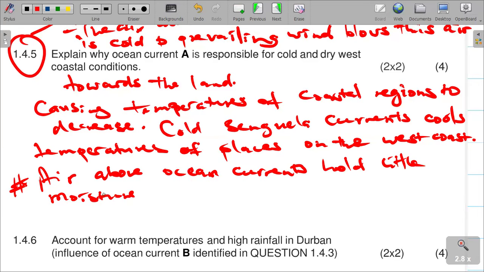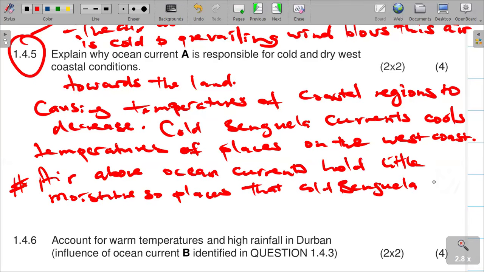So places that the cold Benguela current passes are naturally dry.